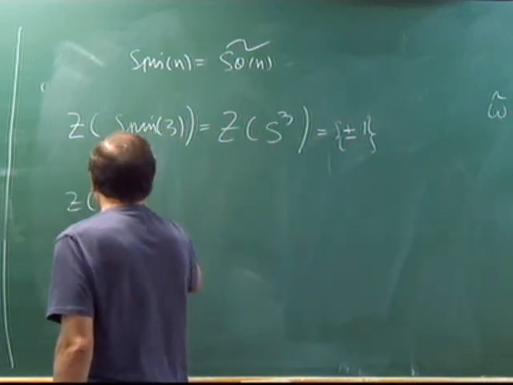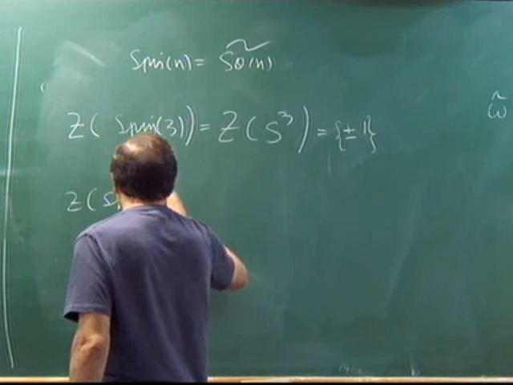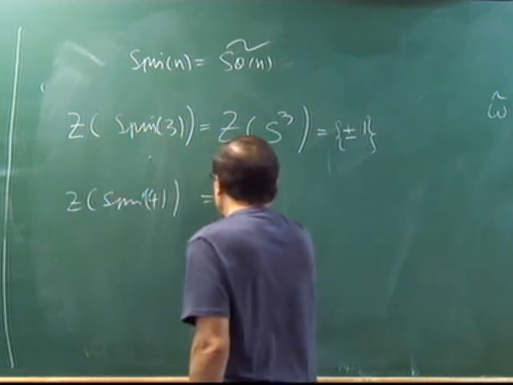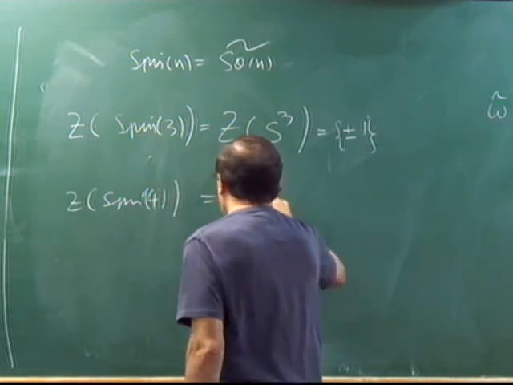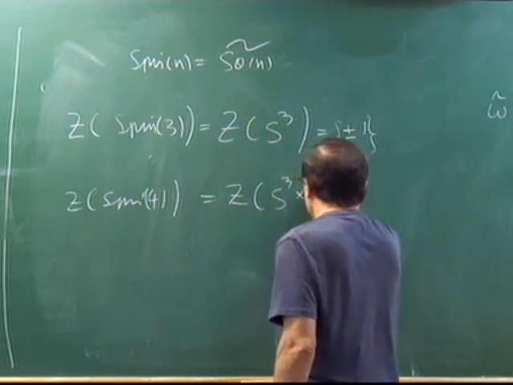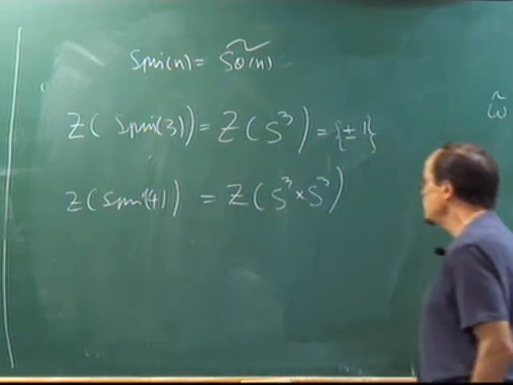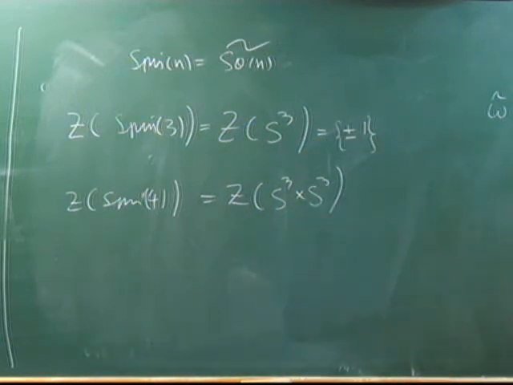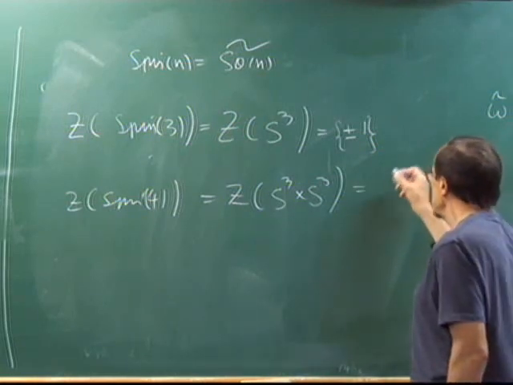What's the center of Spin 4? We saw Spin 4 was S3 cross S3, with a 2-fold cover onto SO4 last time. And the center is Z2 cross Z2.